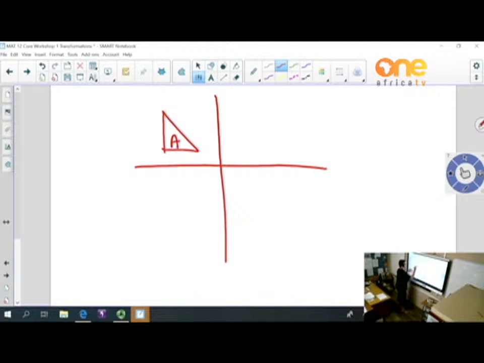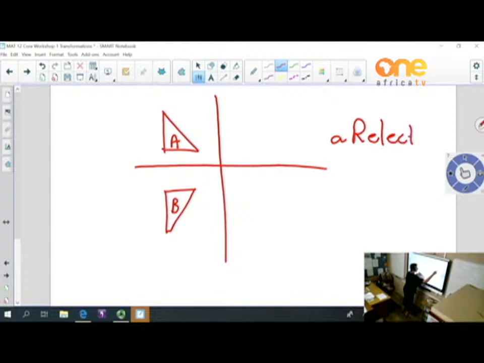There is shape A. Describe fully the single transformation that maps A onto B, and here is our B. So we can clearly see that that is a reflection. It's a reflection. And how? Over the x-axis, I need a line. I always need a line, not a point, a line.